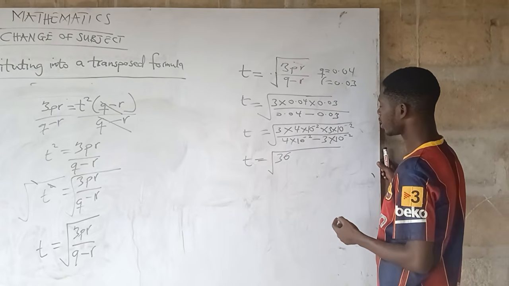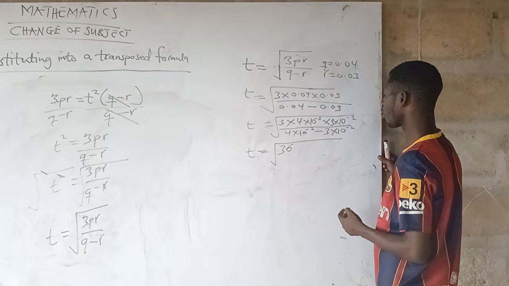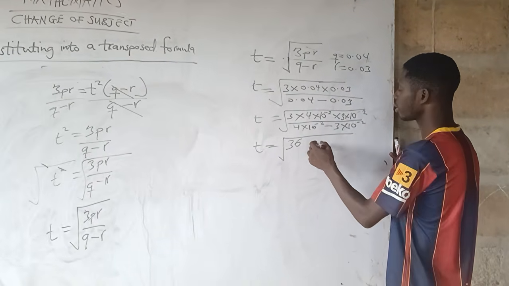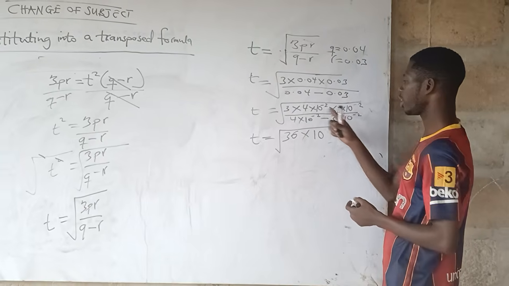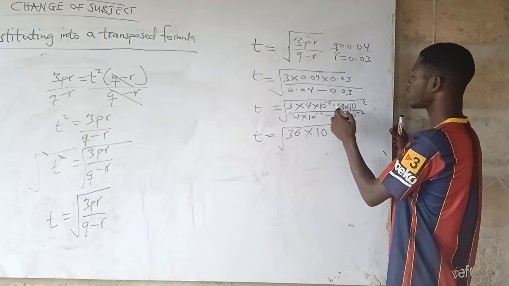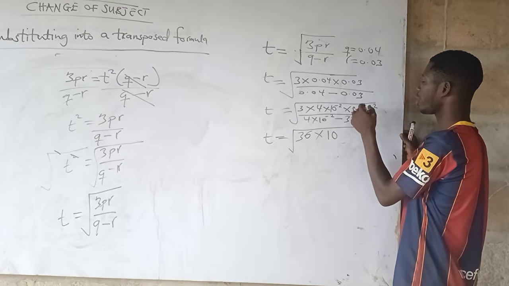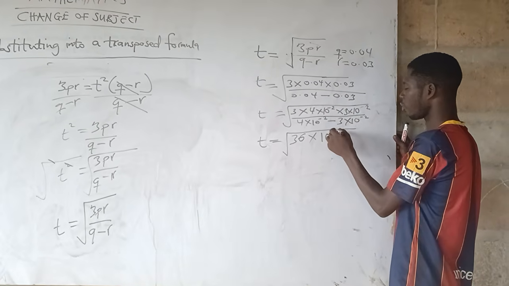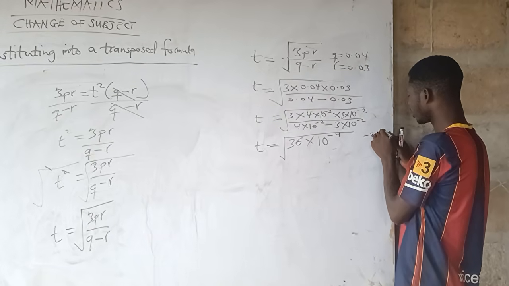Now times 10 to the power, and in multiplication we add the powers, so negative 2 plus negative 2, you get negative 4.